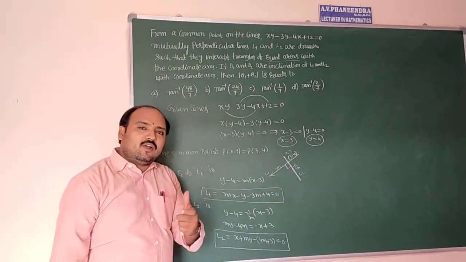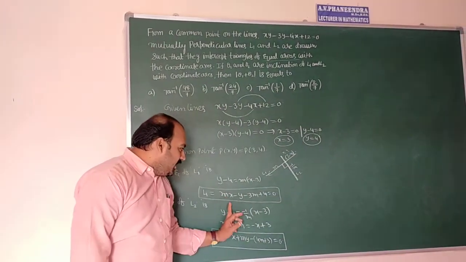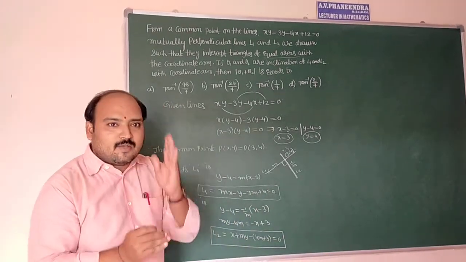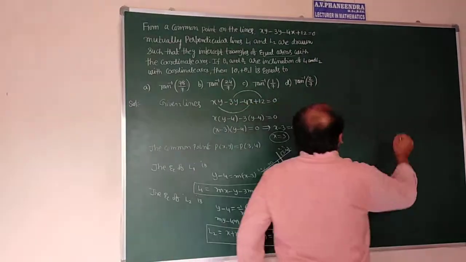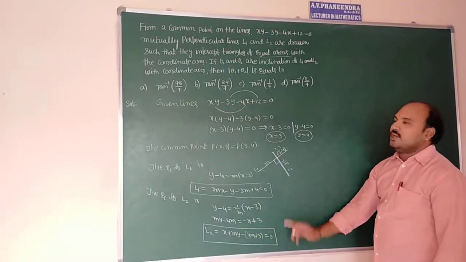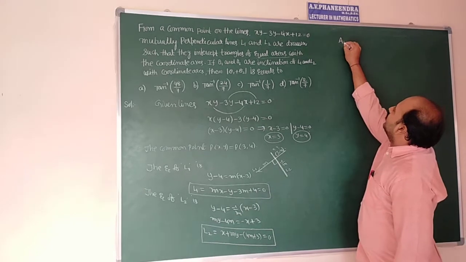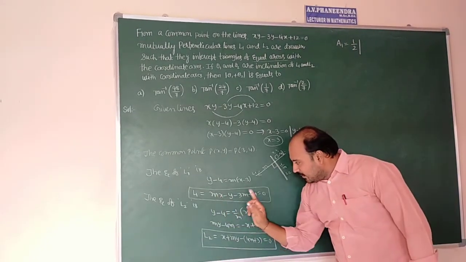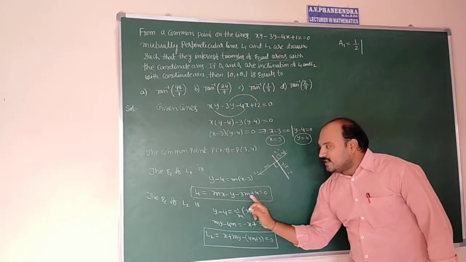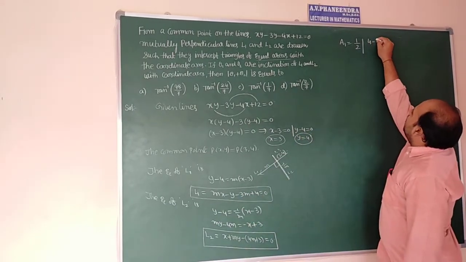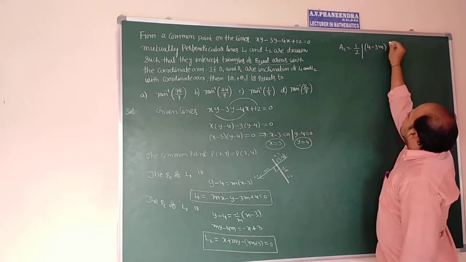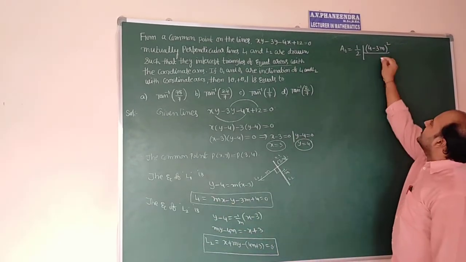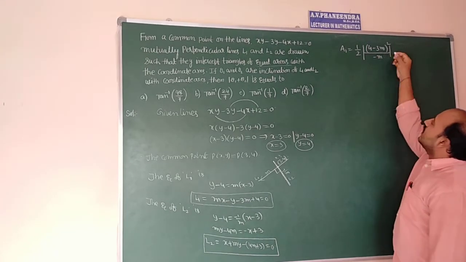We know that the area of the triangle formed by the line ax plus by plus c equal to 0 with the coordinate axes is half c squared by ab. First one, this is L1, this is L2. Area 1 equals half into c squared. Comparing with ax plus by plus c, the c value is 4 minus 3m. So half of 4 minus 3m whole squared by ab. The a value is m, the b value is minus 1, so m into minus 1 is minus m. Within the modulus it will become plus.